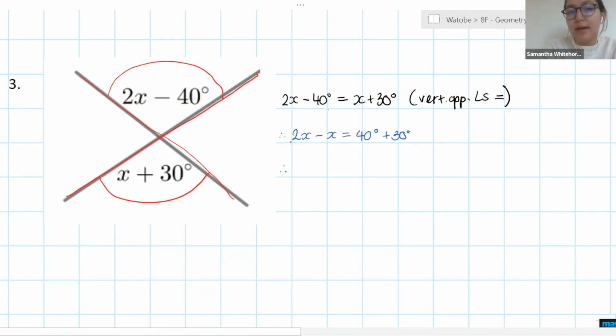Okay, so just remember these are like terms because you've arranged it so nicely for yourself. You've actually arranged like terms, so we can go and subtract those. 2x minus x is x, and then 40 plus 30 is 70. So we've actually got our answer of 70 there.